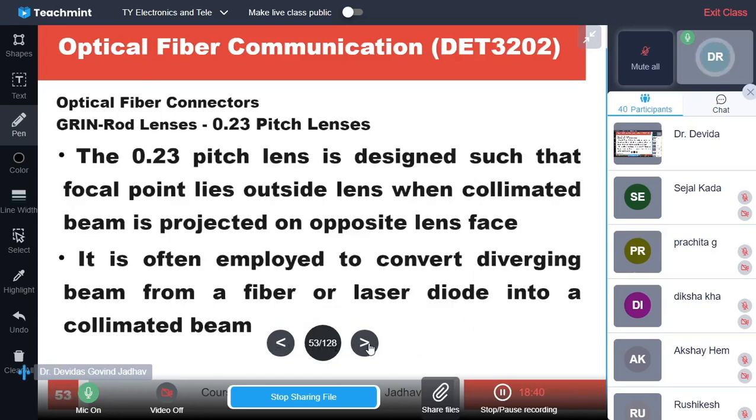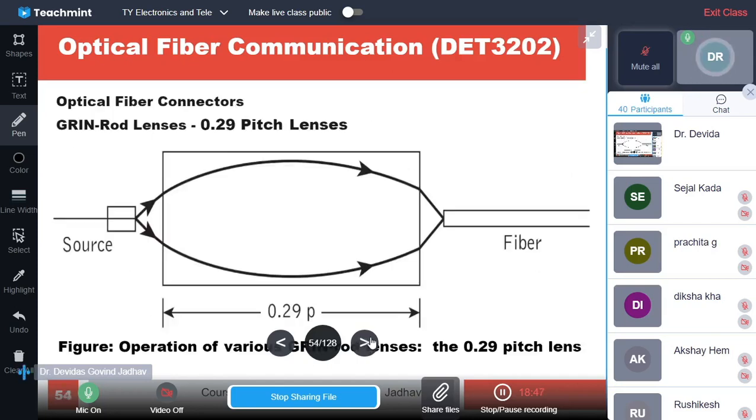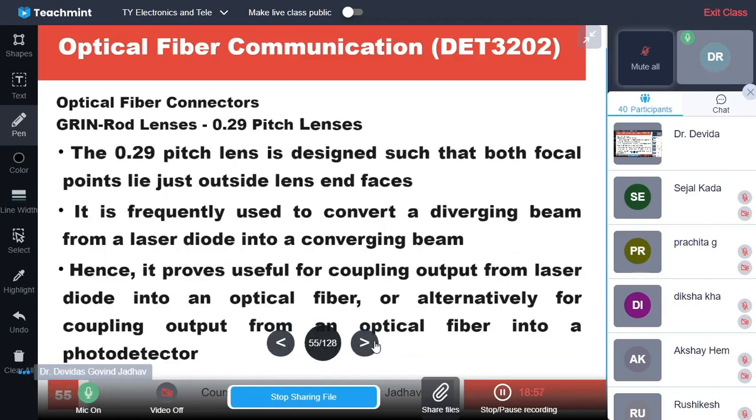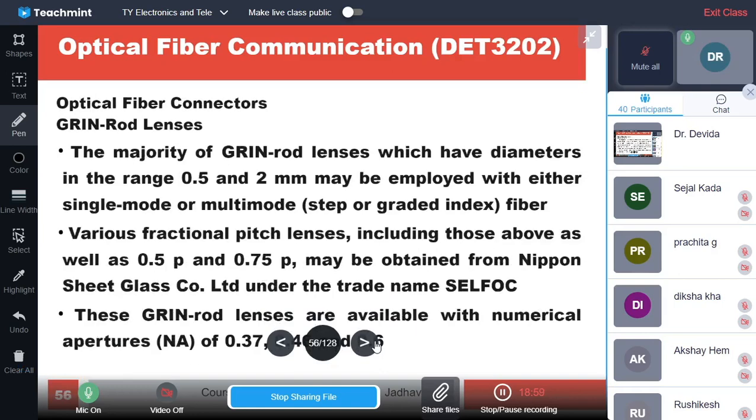So 0.23 can also collimate and diverge, but 0.29 is having collimation and diversion in a single lens. So two different lenses are not used, and again the focal points are outside the lens. Both advantages are there in 0.29. So it can also collimate, it can also focus.